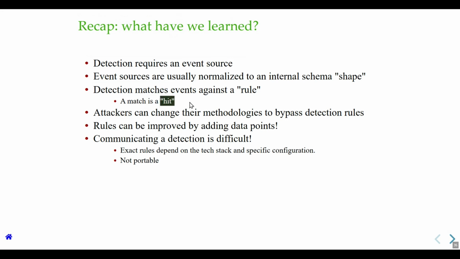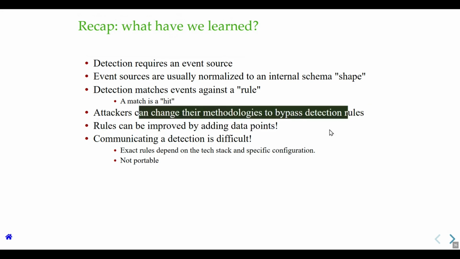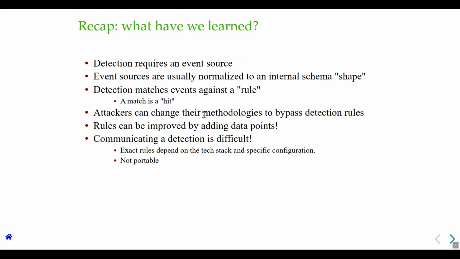It's just a search. And then we've seen how attackers can change their methodologies to bypass our detection rules. So our detection rules can be robust. I'm not saying that they're useless. We can have simple detection rules because not all the attackers are going to be doing all of that.